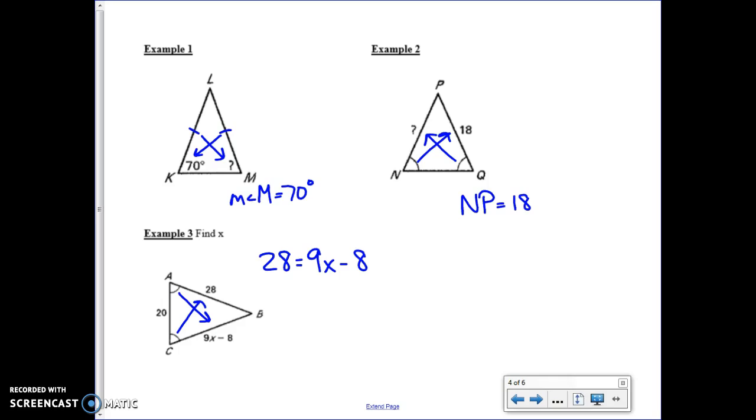So I set them equal to each other, and then we solve. I'm going to add 8 to both sides. So I get 36 equals 9x. I divide by 9 on both sides, and I get x equals 4. All it's asking for in this case is what x is, so we're done after we find that x is 4.